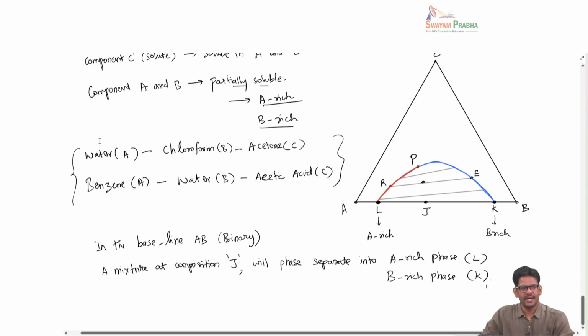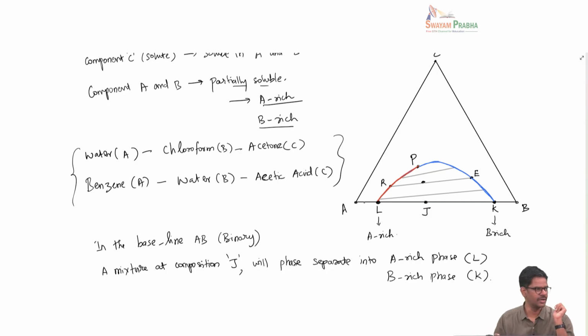Now let us say we add the third component C. Then depending upon the amount of C that is added, you may have either a single phase consisting of all three components, or you may still have two phases consisting of all three components in both phases. So then we can think about what is called a solubility boundary or a binodal solubility curve, which is shown by the red and blue curve.